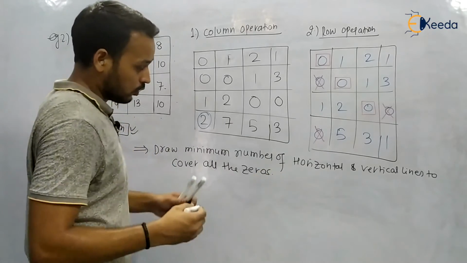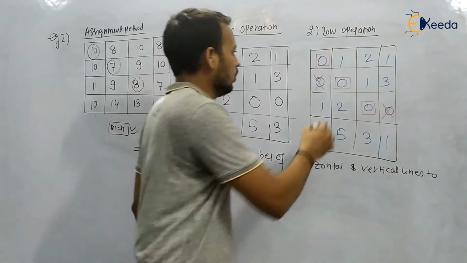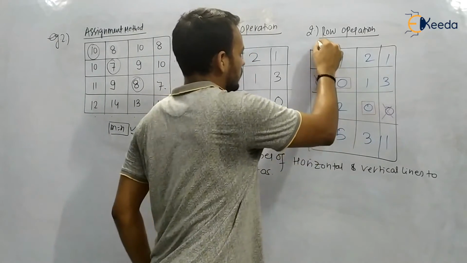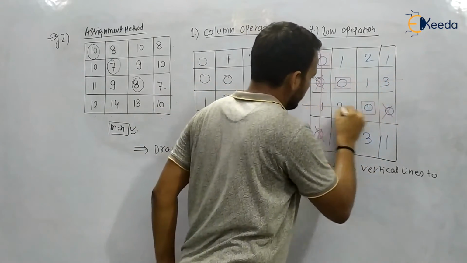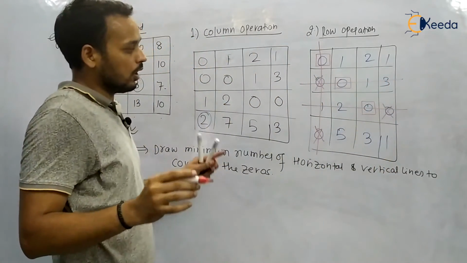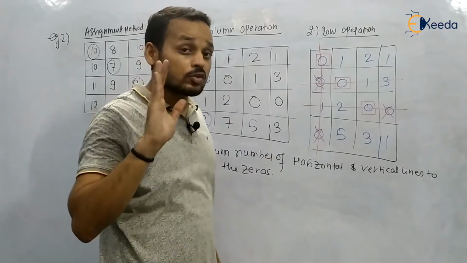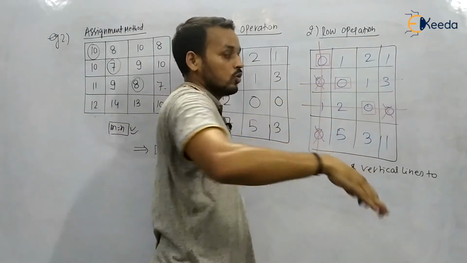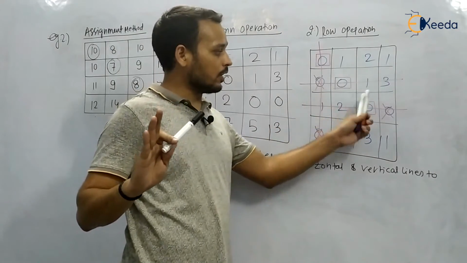So I'm going to draw the minimum number of lines. This is our first line, the second line, and the third line. We have covered all our zeros like this. It is not 1, 2, 3 and 4, that would not be minimum. With the help of 3 lines only we have covered all the zeros.